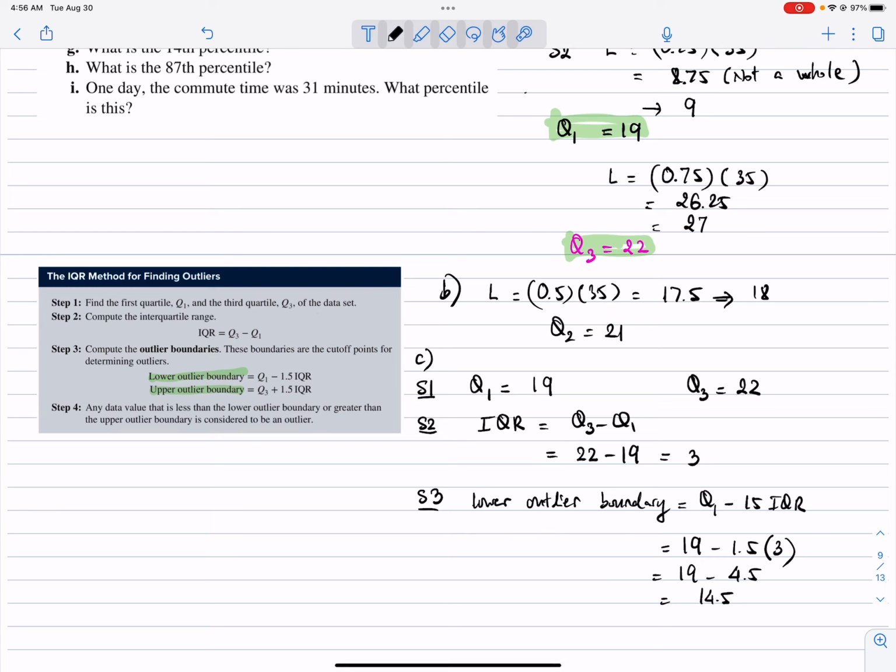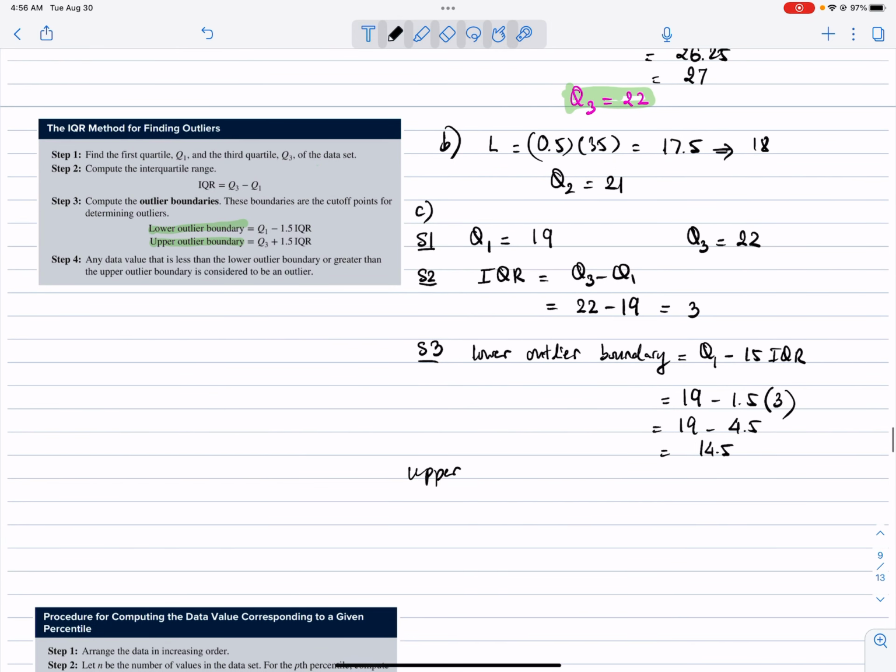To find the upper outlier boundary, the formula is Q3 plus 1.5 times IQR. Q3 is 19 plus 1.5.